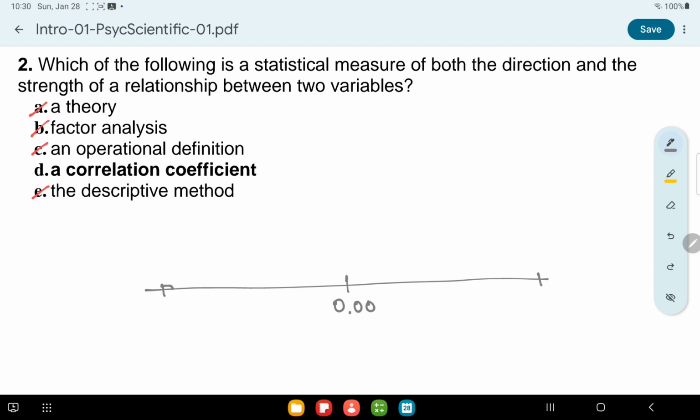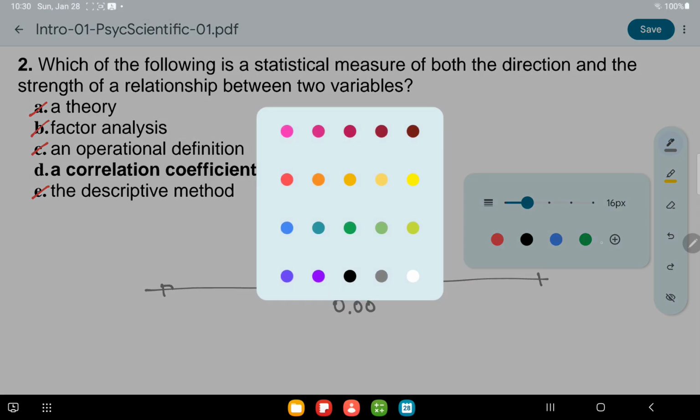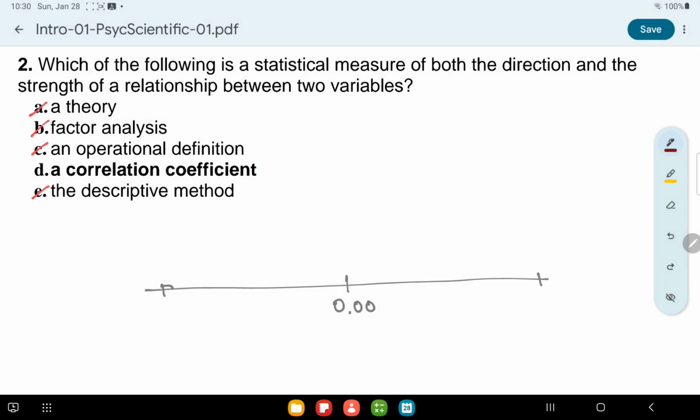It is a number that statisticians, and since behavioral scientists, psychologists, we've adopted the use of statistics in describing and measuring or analyzing results and outcomes captured using numbers. We use the letter R.